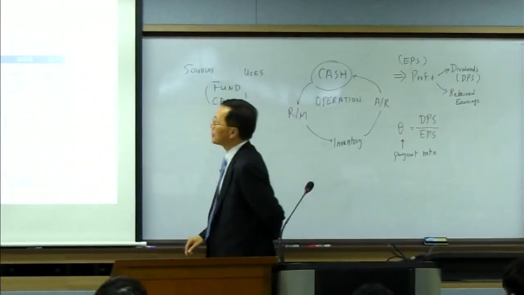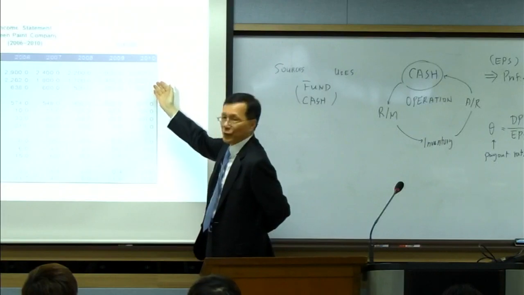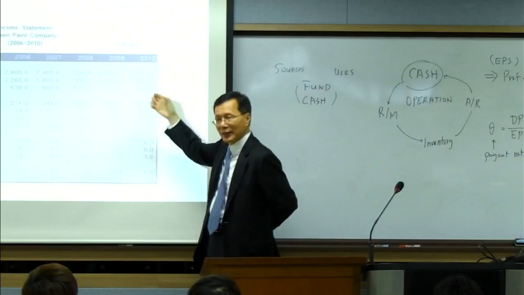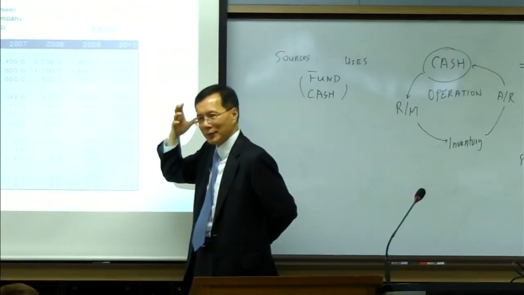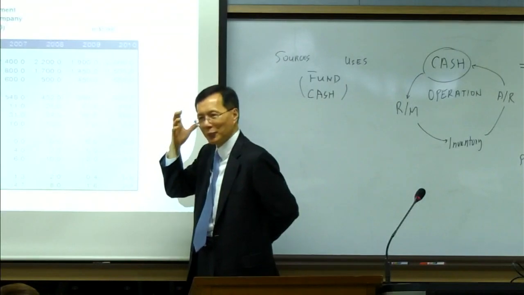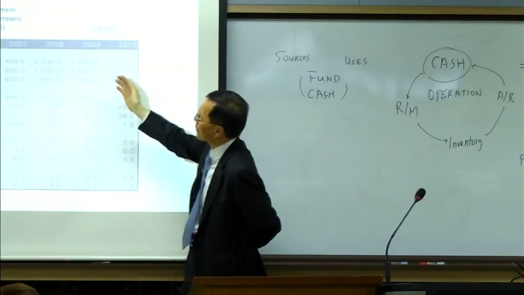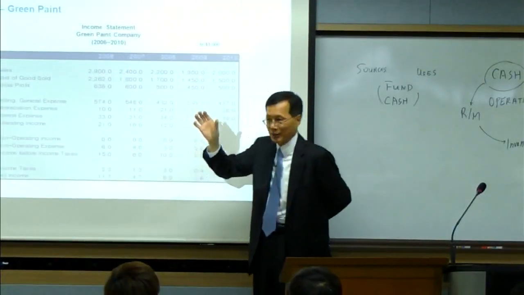And look at the income statement. Sales, 2.9 million in 2006 and 2 million in 2010. And it was shocking to me when I first saw these numbers. I thought that these years are misplaced.